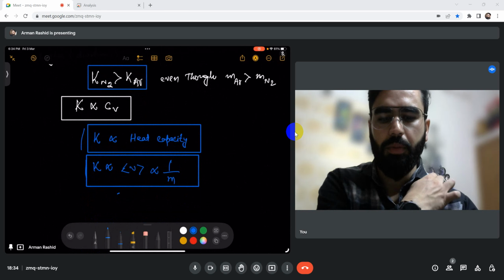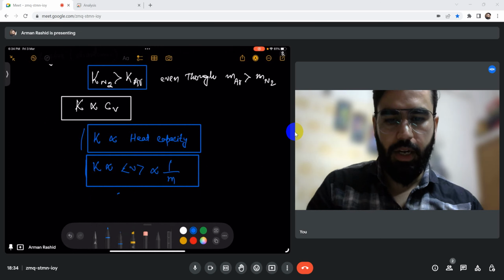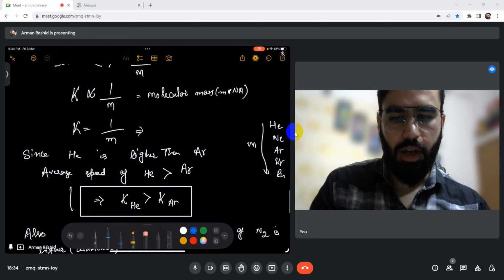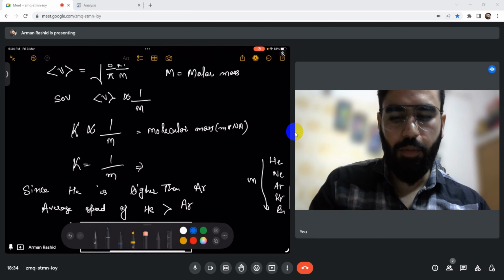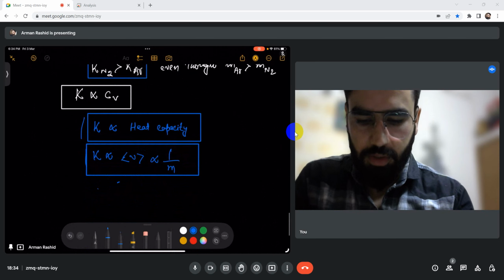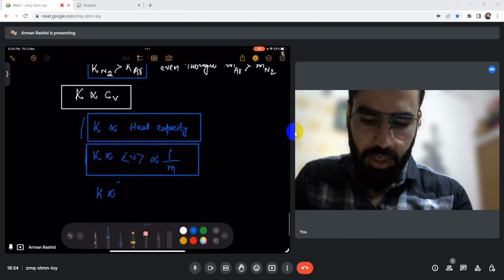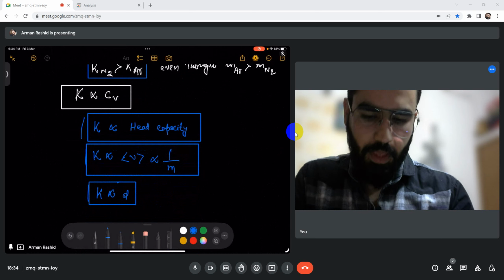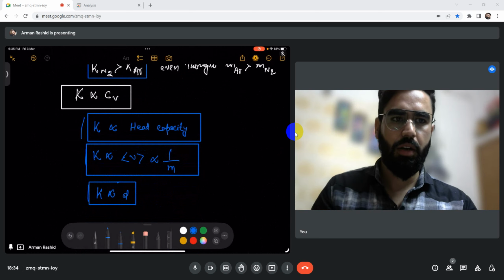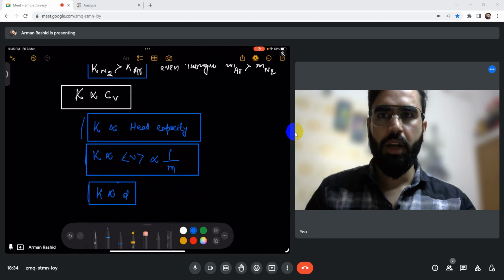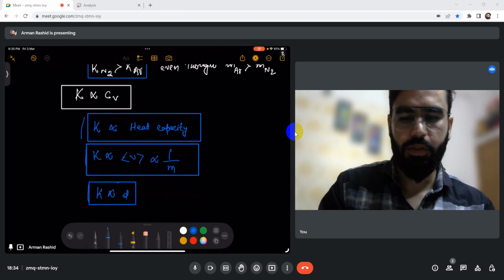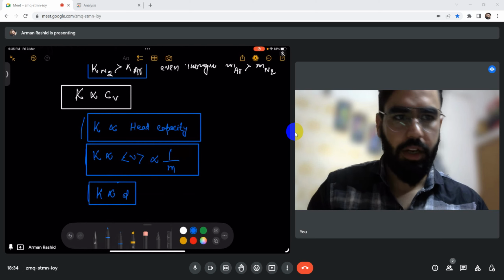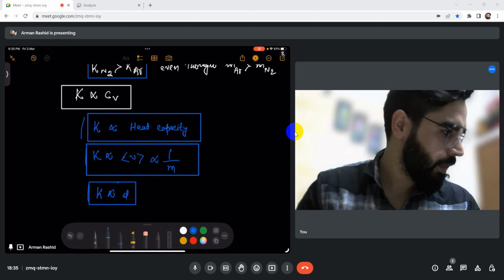Because the average speed will be more. K also depends on molecular diameter. The smaller the molecule or atom, the higher will be its conductivity. This is just by intuition, you can also remember it.